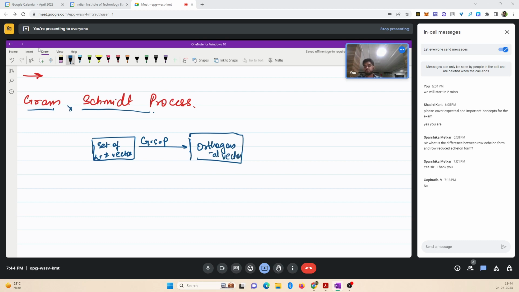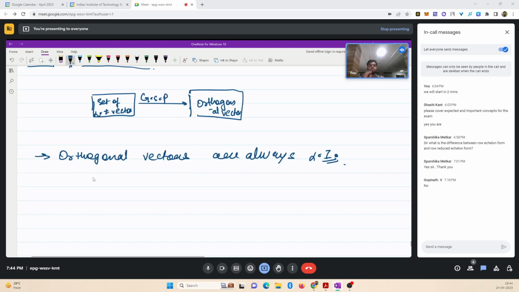Now, one thing you should always remember is that orthogonal vectors are always linearly independent. Okay. So what this Gram-Schmidt's process does is that it will convert a set of linearly independent vectors into orthogonal vectors.